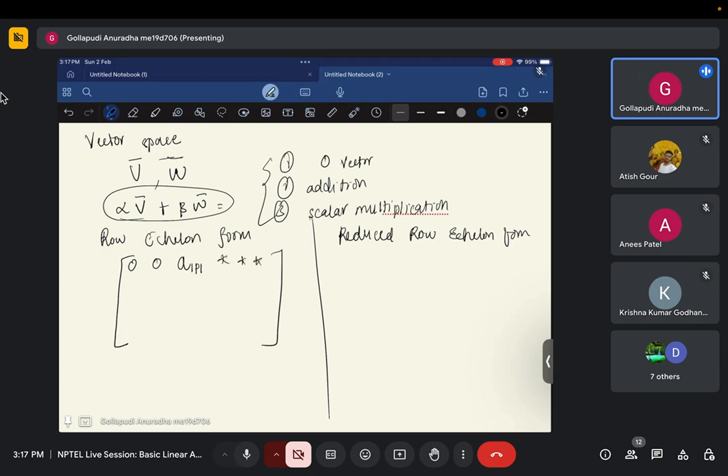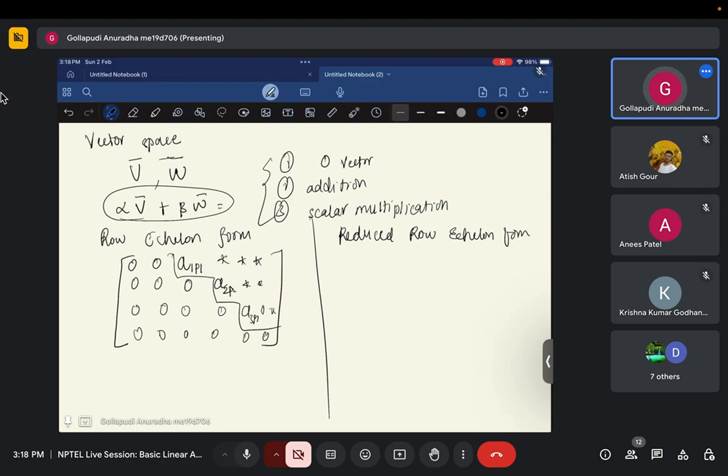This is a pivot, and the pivot in the next row must start in a column number which is more than the column of the previous one. Again some numbers here, and some zero rows in the bottom.